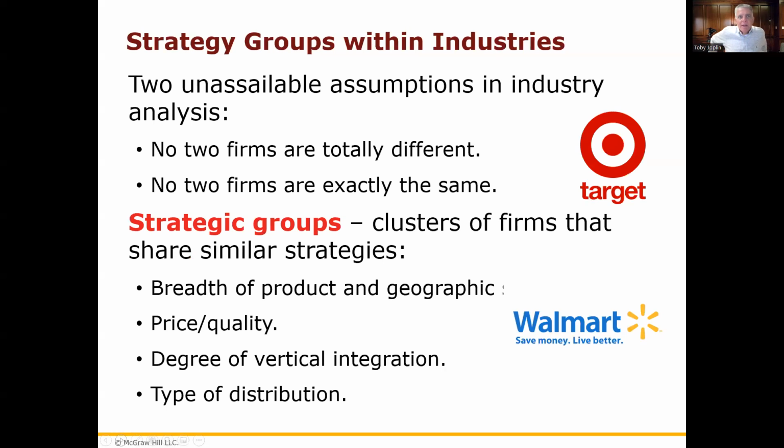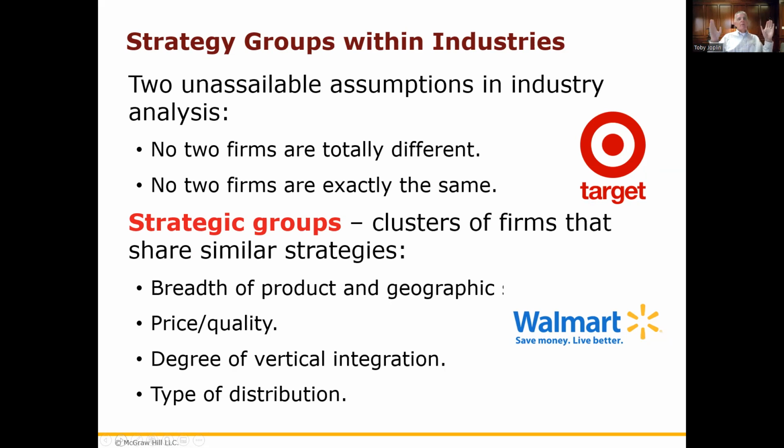Your authors finish up by talking a little bit about strategy groups. Strategy groups within industries are just companies that tend to be more similar. So no two firms are completely the same and no two firms are completely different. But the more similar they are, clumping those together into what we call strategy groups, either by the geographic area they serve or the type of products they sell or the price point they sell at.